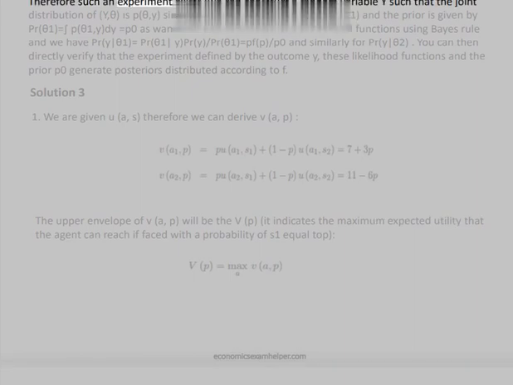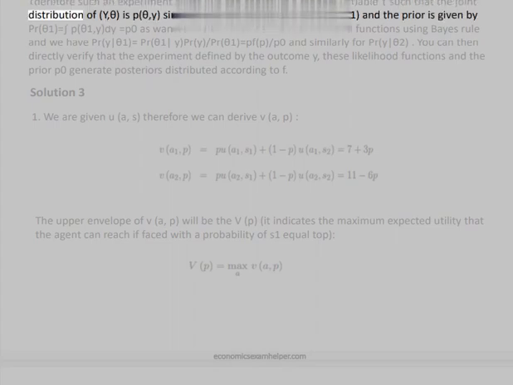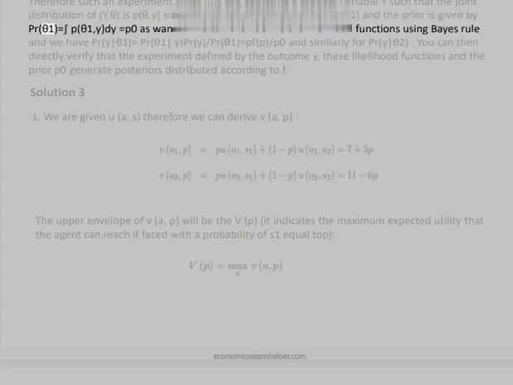Therefore, such an experiment exists. We can construct a random variable y such that the joint distribution of (y, θ) is p(θ, y), since p is non-negative and sums up to 1, and the prior is given by Pr(θ=1) equals the integral of p(θ1, y) dy equals p0, as wanted.